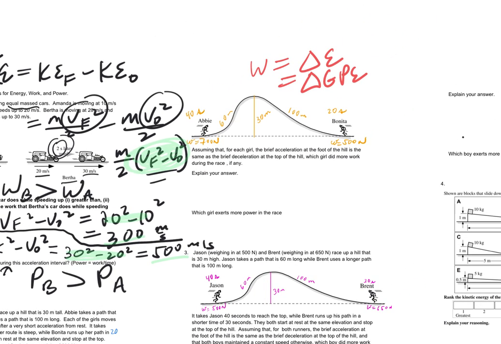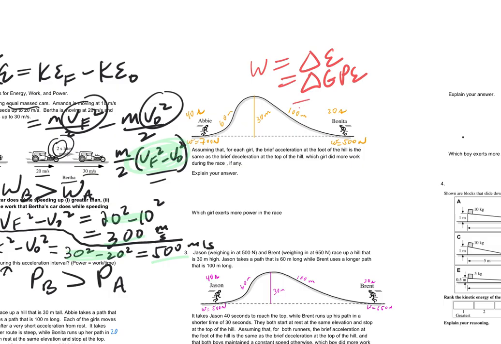After they do a very short acceleration from rest, they're going at constant speed up. Then they do a very short acceleration to stop at the top. That's so small, it doesn't matter. So really the work they do is the change in their gravitational potential energy.